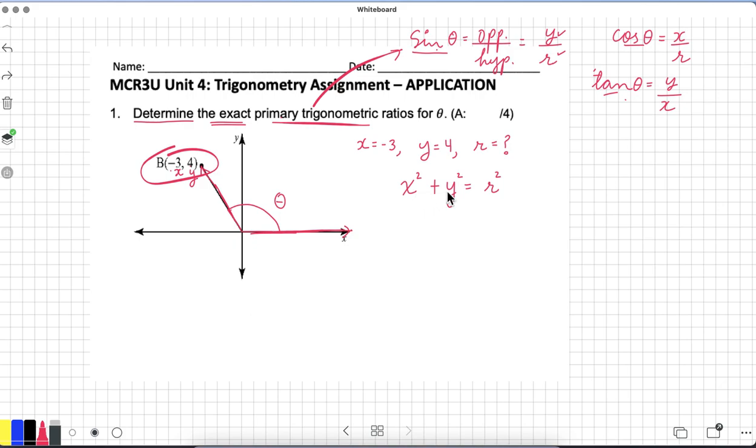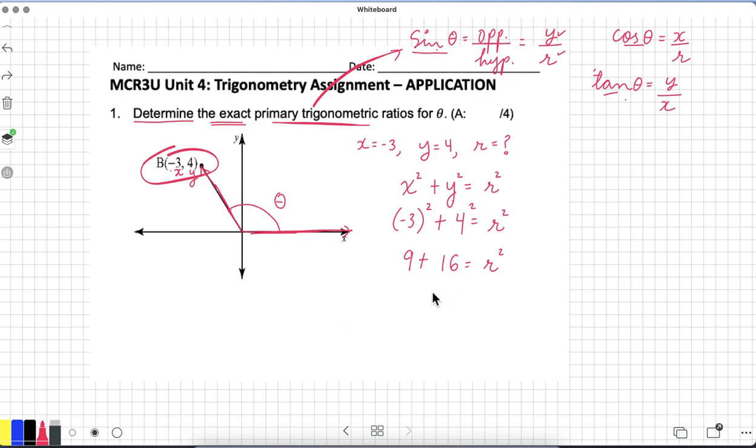So plug in the x and the y values. x is -3, so it's -3 squared, plus y, which is 4, squared, equals r squared, and we just need to solve it. First, -3 squared means -3 times -3, that's +9. And 4 squared is 16, equals r squared.